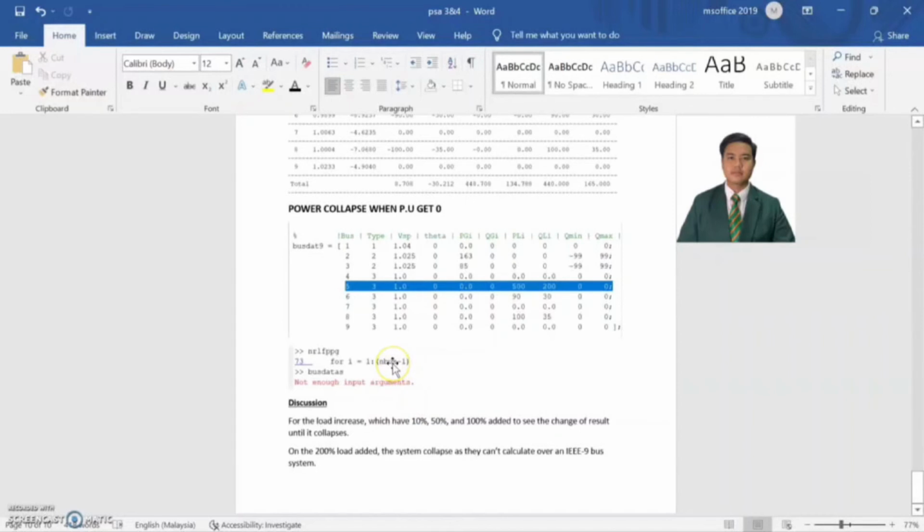This shows that this IEEE 9 bus system cannot handle 200% load added to the original load itself. So we can see the discussion for the load increase, which has 10, 50, and 100% added, to see the change in result until it collapses. At 200% load added, the system collapsed as it can't calculate over the IEEE bus system.